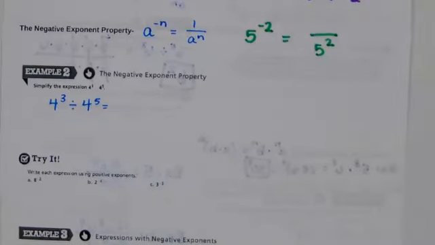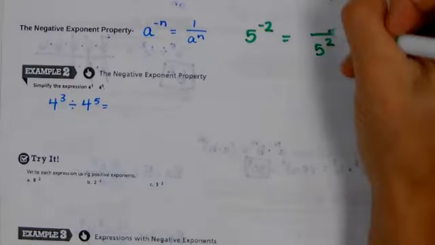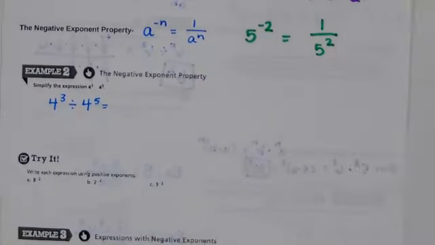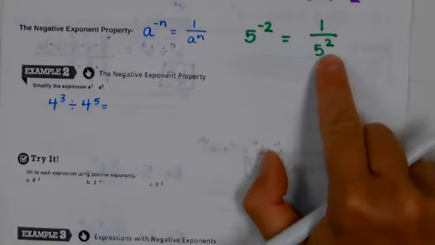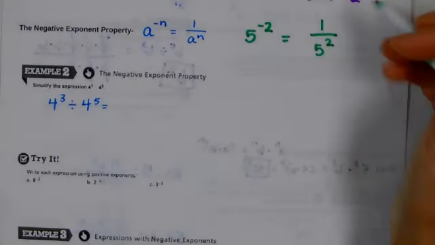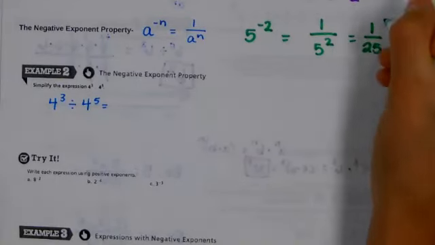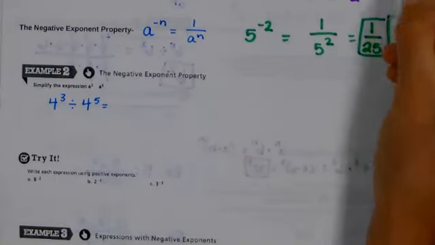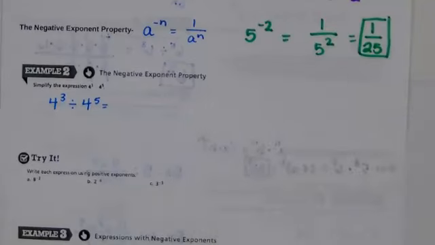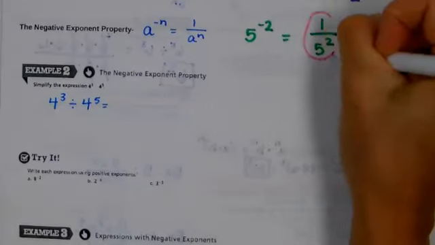And then you can't have a fraction without a numerator, so that's going to be 1. Then we simplify that even further. We know 5 squared is really 5 times 5, so this is really 1 over 25, which is our final answer. If we're just going to leave it with exponents, it would just be 1 over 5 squared. These are both correct.